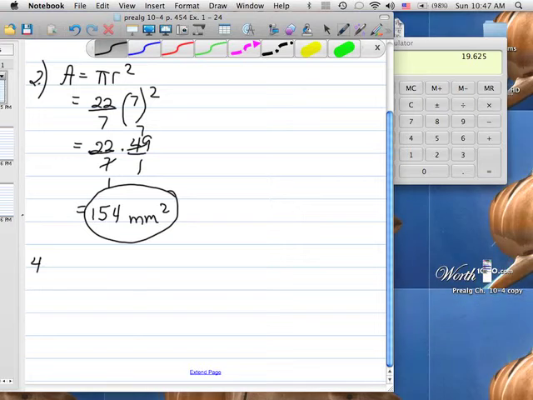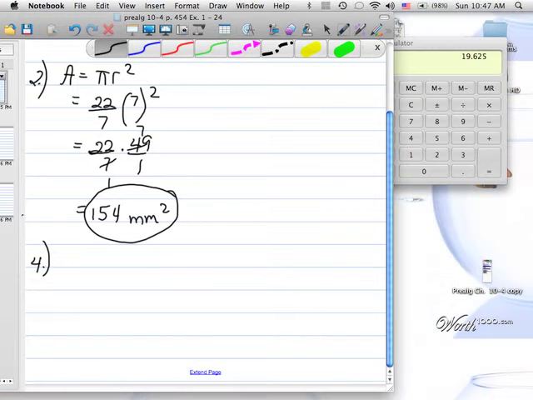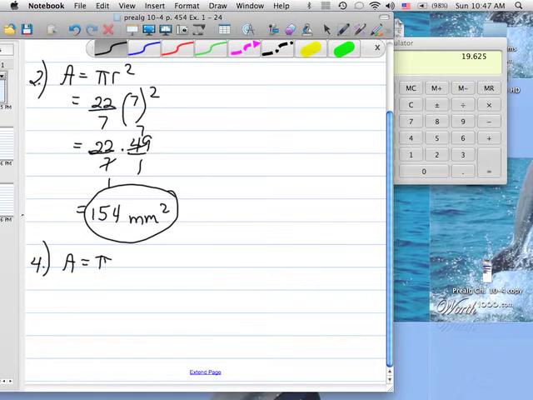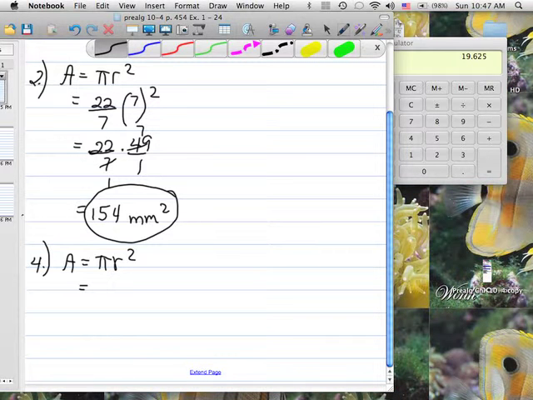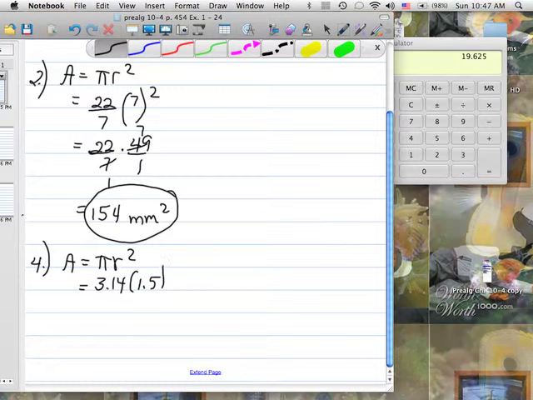Problem number 4. The radius is 1.5. So we use area equals pi r squared. And 1.5 is not divisible by 7. And as long as 1/2 is a terminating decimal, you can use 1.5 if you wish. So we get 3.14 times 1.5 squared.